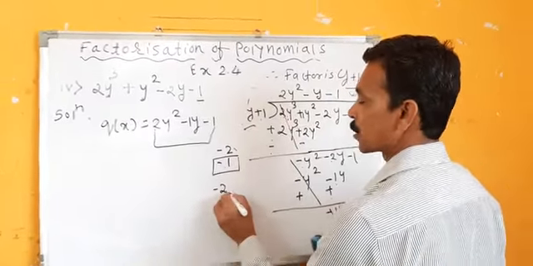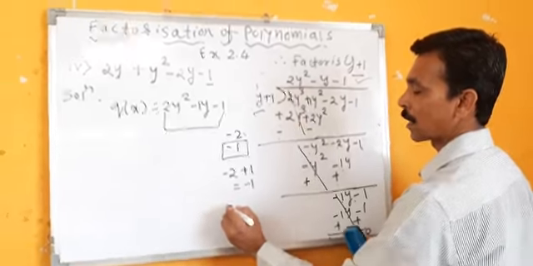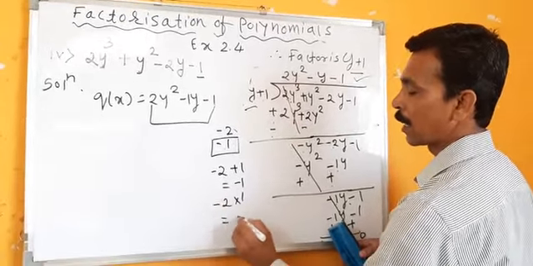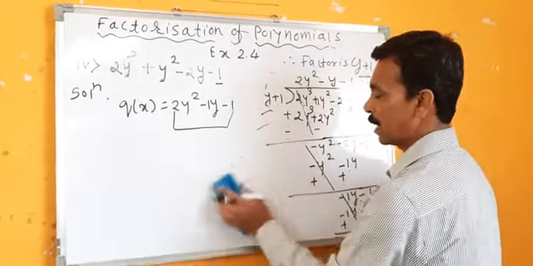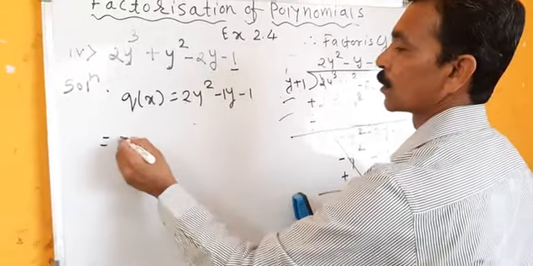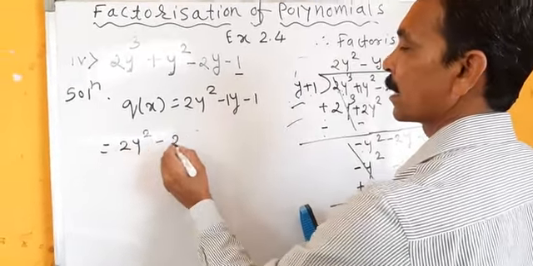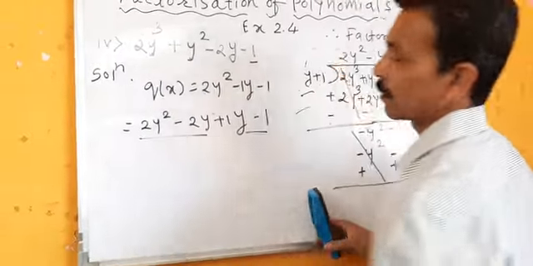So it is minus 2 plus 1. Minus 2 plus 1 is what? Minus 1. And minus 2 into 1 is minus 2. So the factors are minus 2 and plus 1. So it becomes 2y square minus 2y plus 1y minus 1.